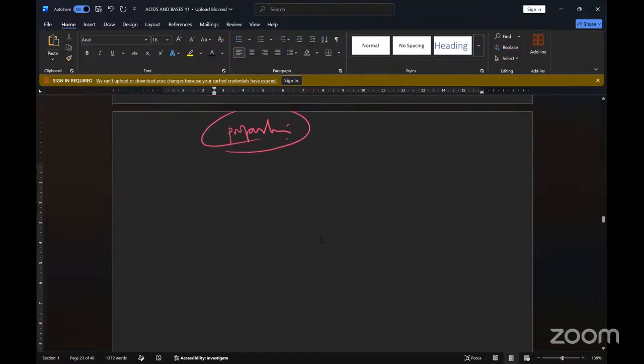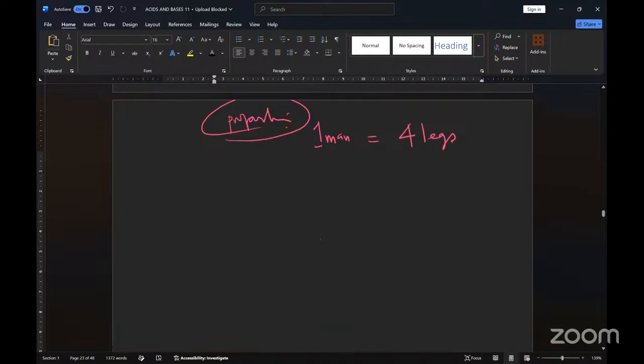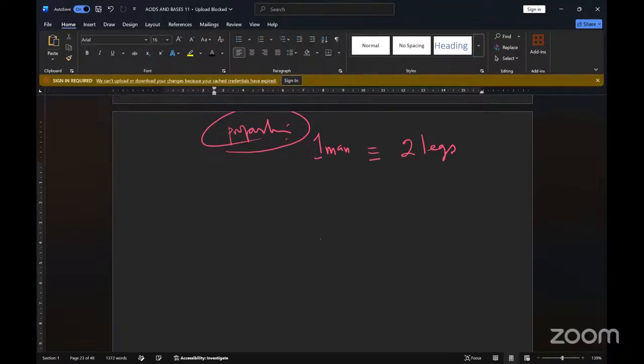Let's say one man has, not 4 legs, 2 legs. Every human being has 2 legs. So you say one man is equivalent to 2 legs.